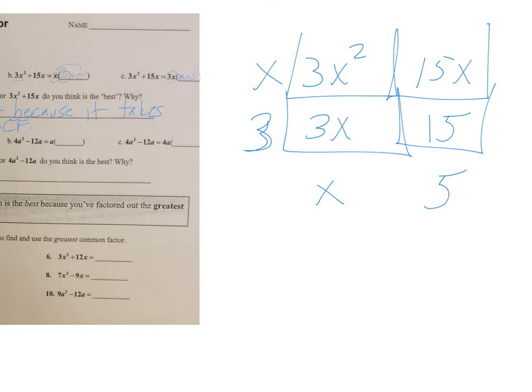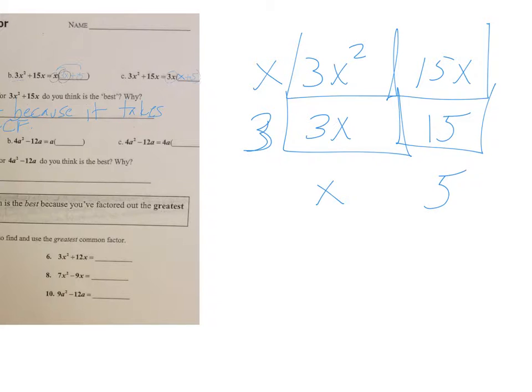And just so you're clear, the standard algorithm that we use to find greatest common factor still works for these terms. So like 3x squared, I can take out a factor of x, and then if I divide that out, I have 3x, because x times 3x is 3x squared. And I have 15, because x times 15 is 15x. Then from the 3x and the 15, I can take out a factor of 3.